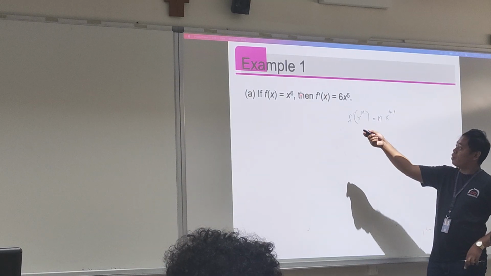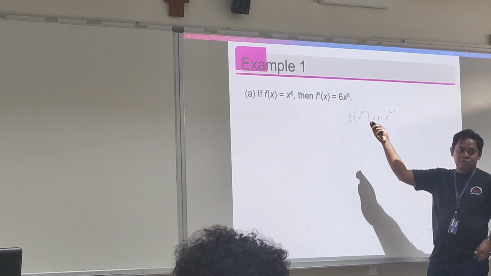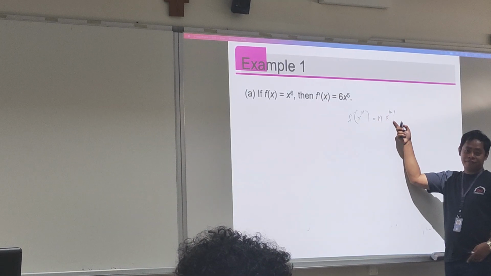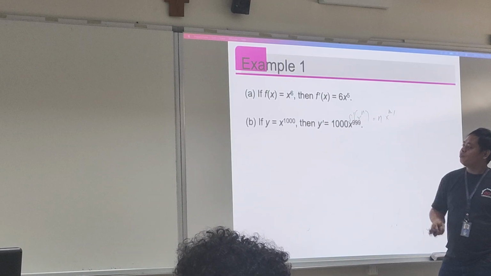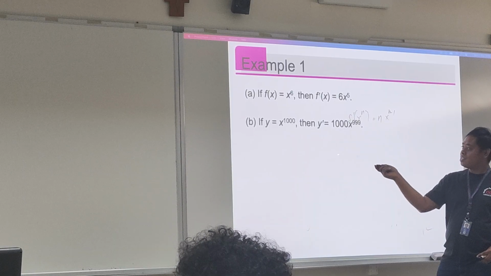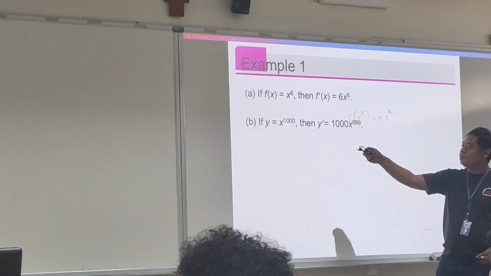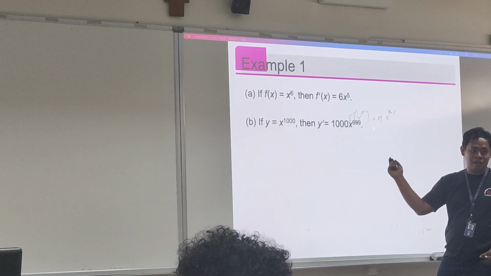Your exponent is 6, so 6 times x raised to 6 minus 1, that is just 5. How about y equal to x raised to 1,000? Your y prime is 1,000 times x raised to 999. As simple as that, when you apply the power rule.